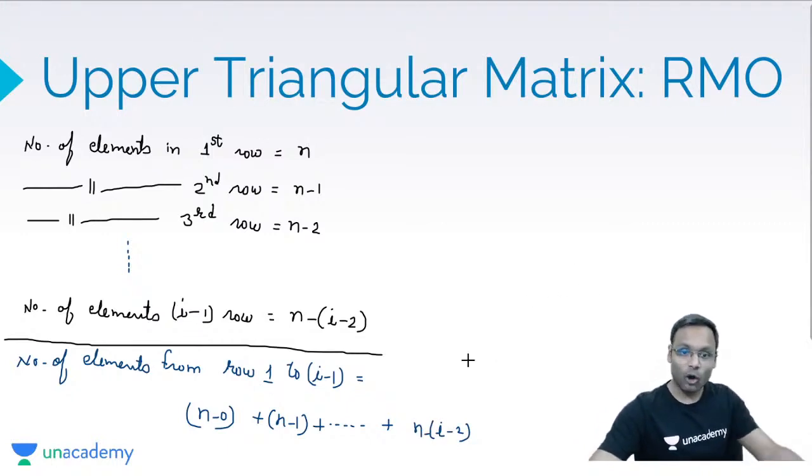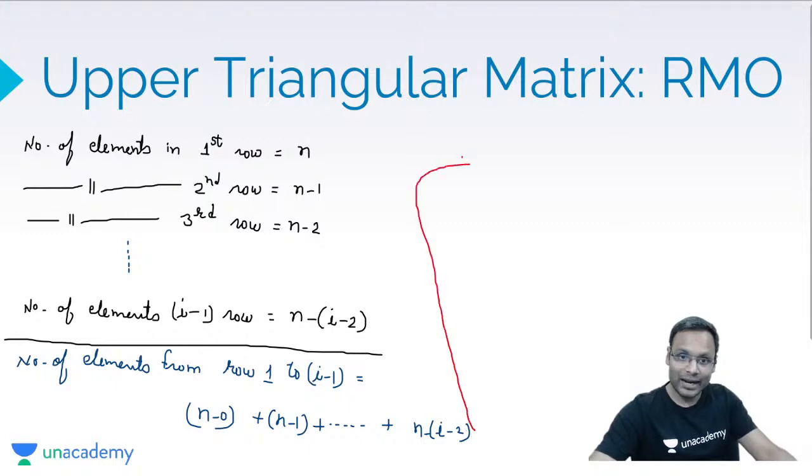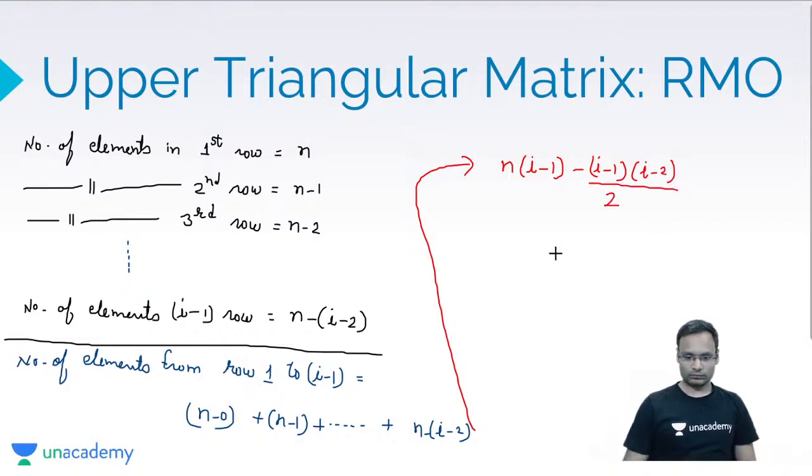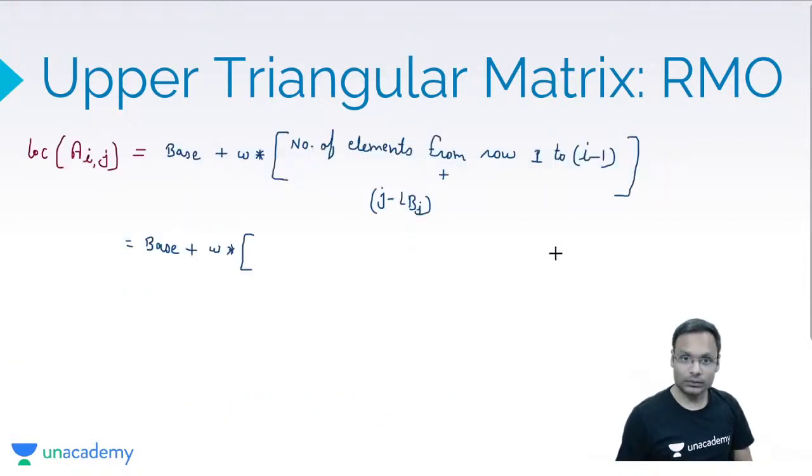Now let's add all these values. If you add all these values, it becomes I minus 1 times n minus (0 plus 1 plus 2 up to I minus 2), which becomes I minus 1 into I minus 2 divided by 2. Good, Nishu.